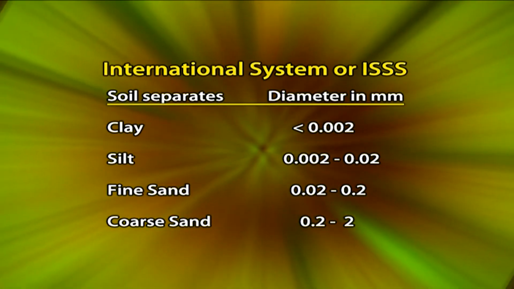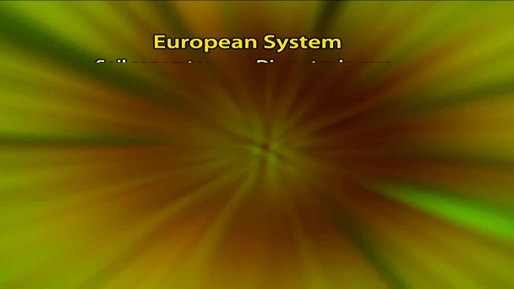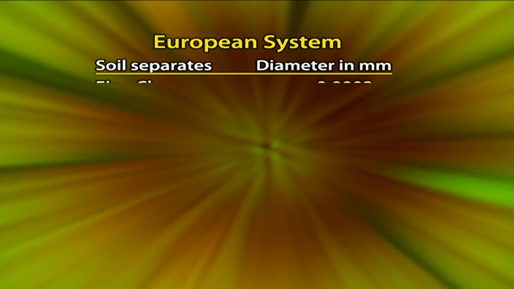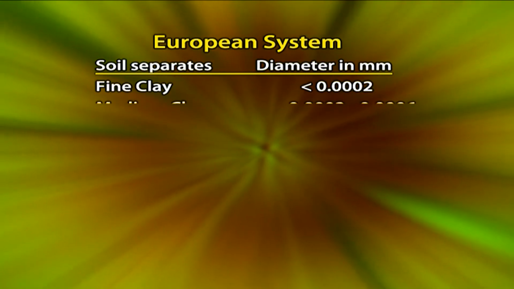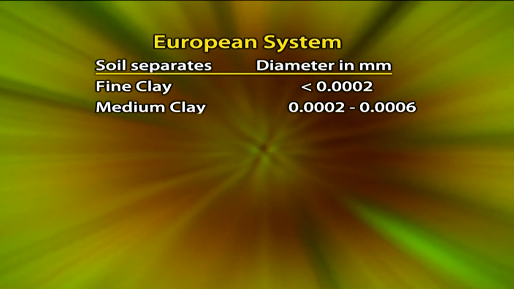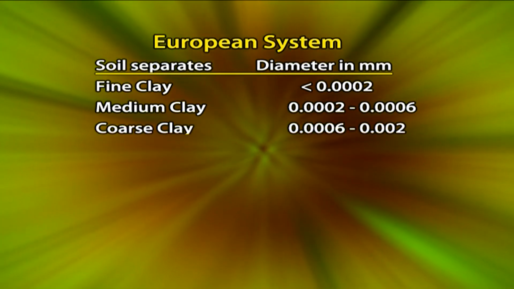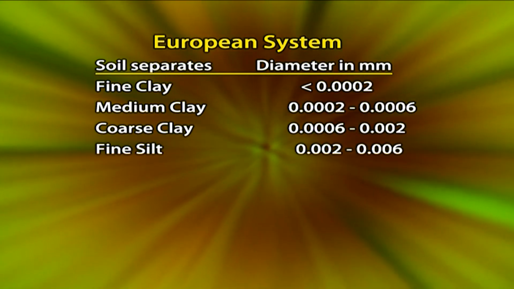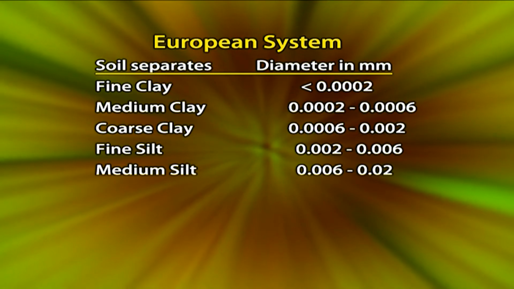According to the European system, particle size range of various soil separates is fine clay with less than 0.0002 mm diameter, medium clay ranging between 0.0002 to 0.0006 mm diameter, coarse clay with 0.0006 to 0.002 mm diameter, fine silt with 0.002 to 0.006 mm diameter.